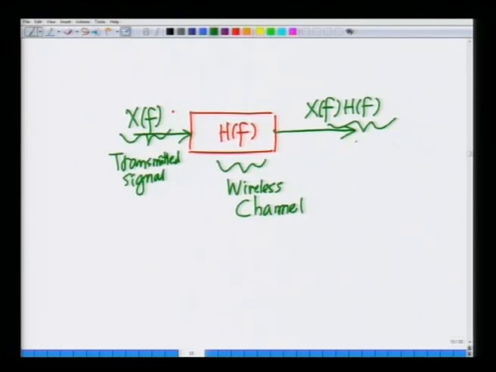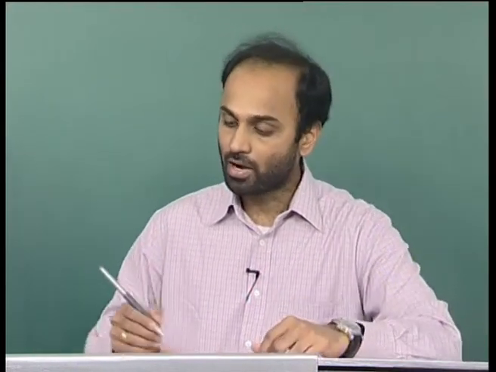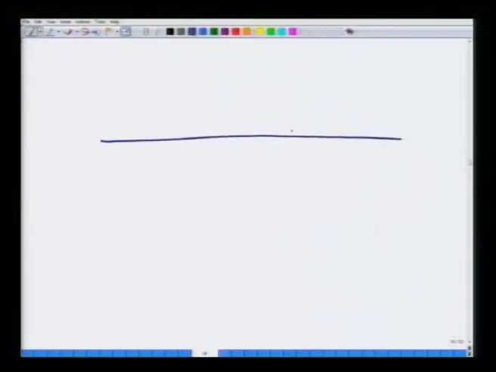This is the spectrum of the received signal. Now, let us look at this in the context of our coherence bandwidth. Let us say I have a wireless channel which looks as follows. This is my channel, and this is its coherence bandwidth. This is the bandwidth over which the frequency response is constant.